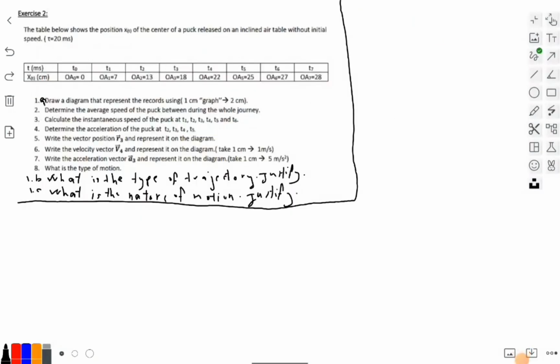Exercise 2. The table below shows the position x(t) of the center of a book released on an inclined air table without initial speed, tau equal 20 milliseconds, from milliseconds to seconds times 10 to the power minus 3 seconds. Part 1a. Draw a diagram that represents the records using 1 centimeter graph corresponding to 2 centimeter.